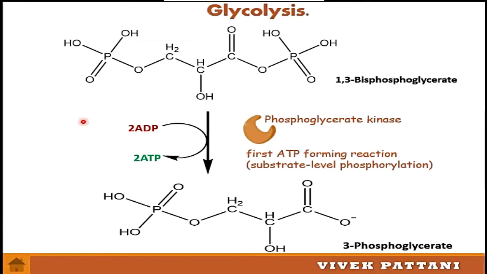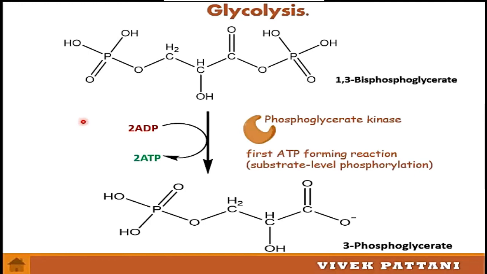The enzyme phosphoglycerate kinase is used for the formation of 3-phosphoglycerate.